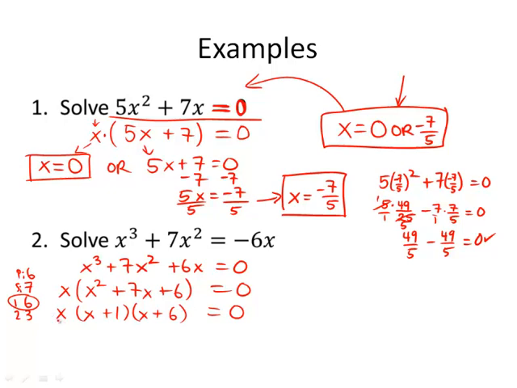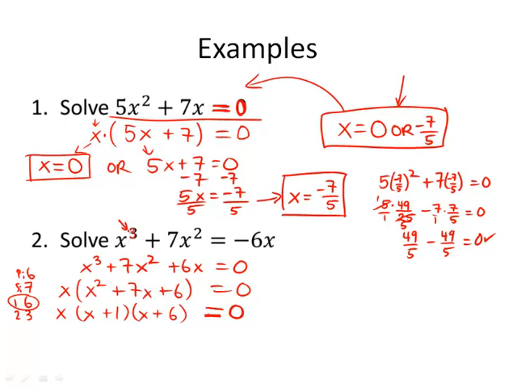Okay, I think this is as far as we can go with our factoring. So we can now apply the zero property. The zero property allows us to say that one of these could be 0 to give us a solution. You'll also notice that when your degree is a certain number, that will indicate the maximum number of solutions you will have.